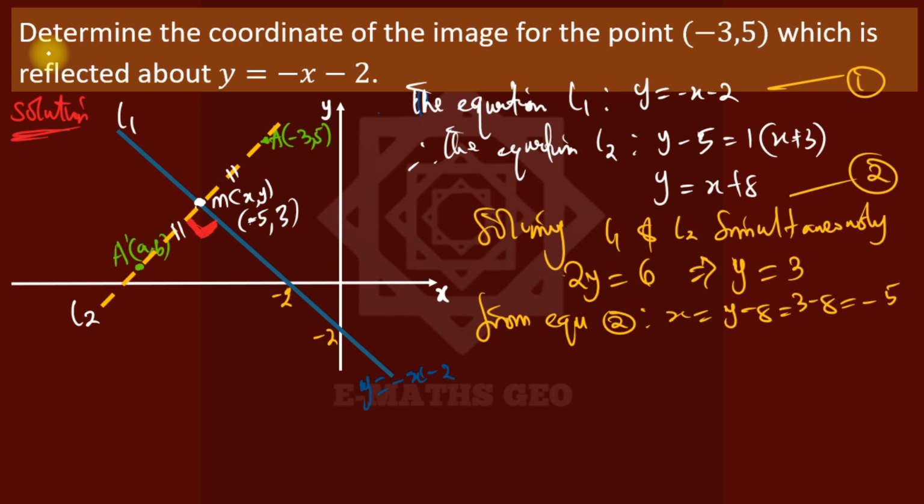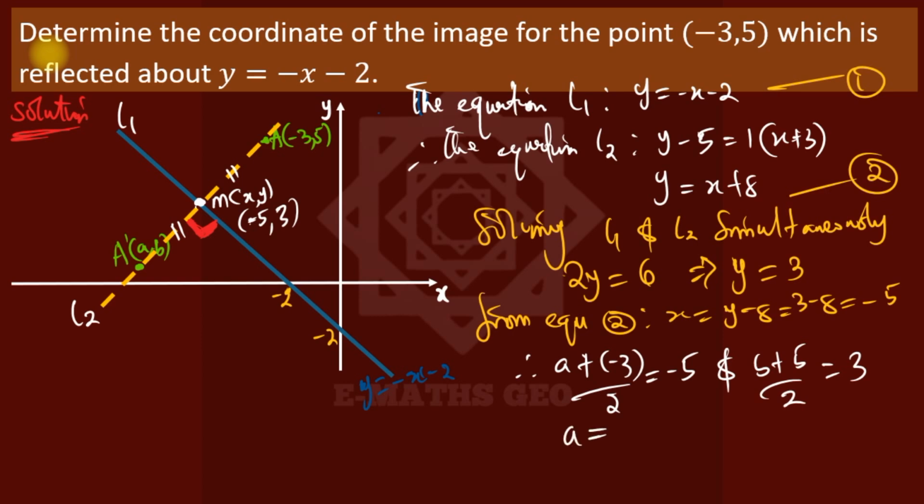So to get A prime is now easy. We use the knowledge of the midpoint of a line joining two points. Therefore, a plus minus 3 over 2 will be the x coordinate, which is minus 5, and b plus 5 over 2 will be 3, using that knowledge of midpoint.